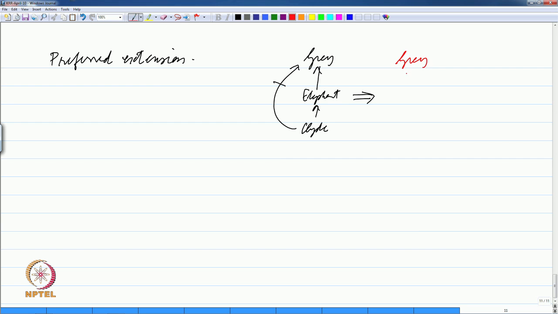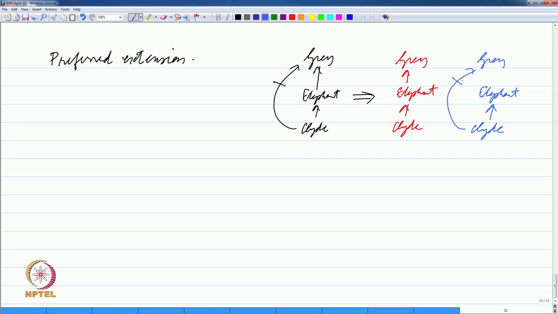One is gray, elephant, Clyde, and it is no longer ambiguous, and the other is gray, elephant, Clyde. So, we have two credulous extensions.